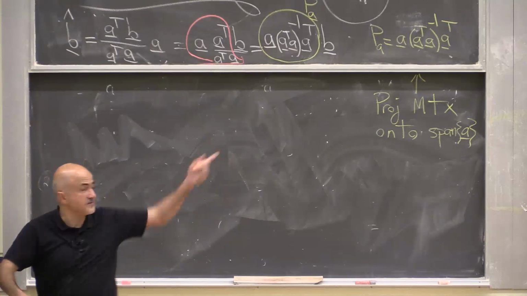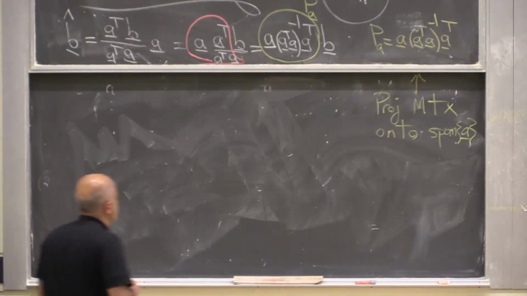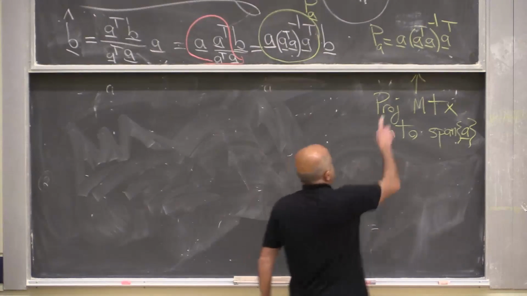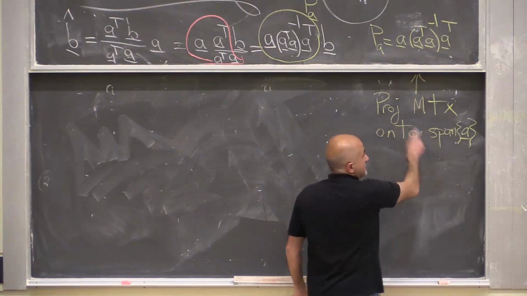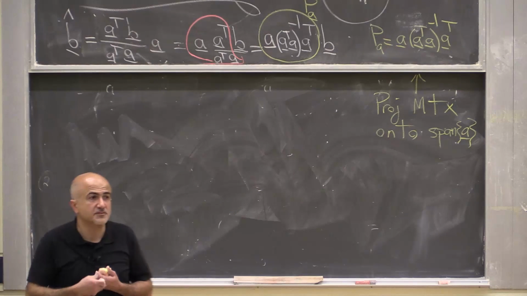In this case, we've given it the vector B that is not necessarily sitting in that subspace defined by A. And this matrix will project it down just to the right place that's closest to itself.